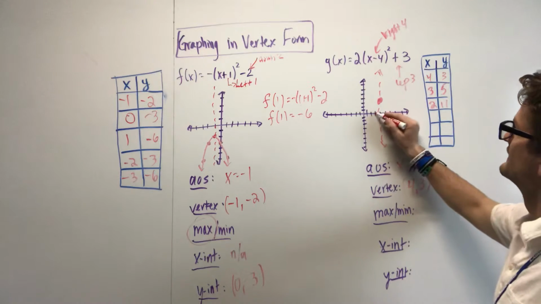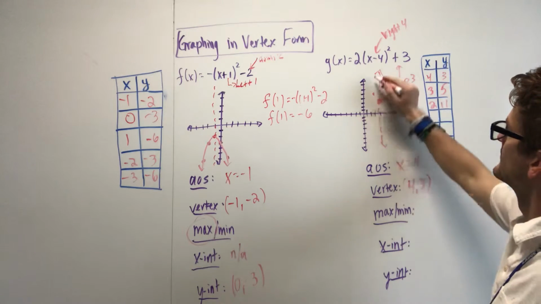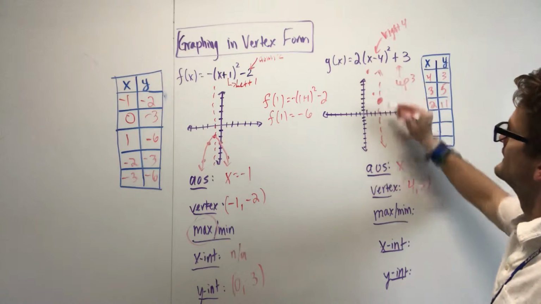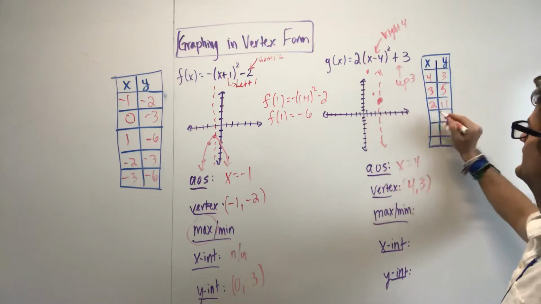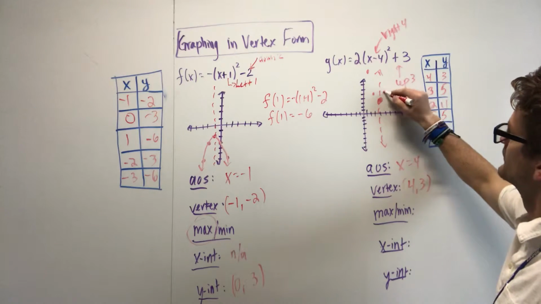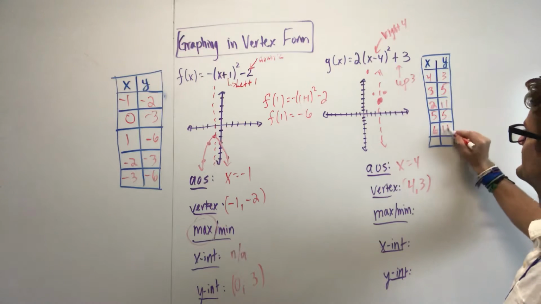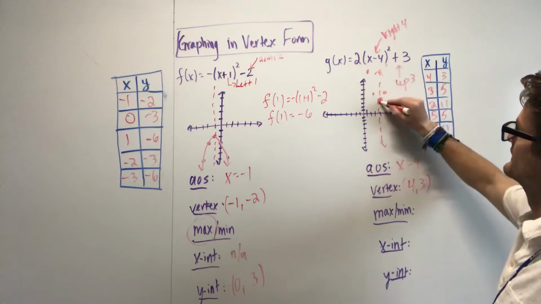So I have 3, 5. I could use those to reflect across. I would also have 5, 5. That point would be right here. And then if I reflected the other across, I would have 6, 11 as well, way up here.